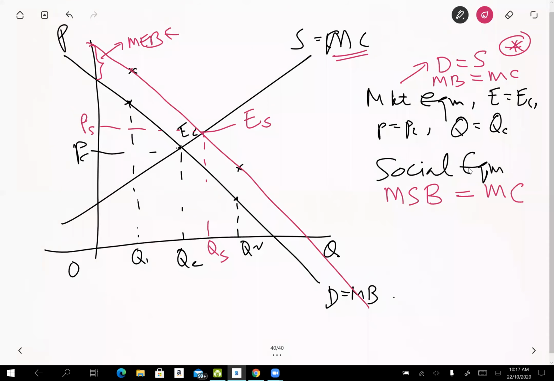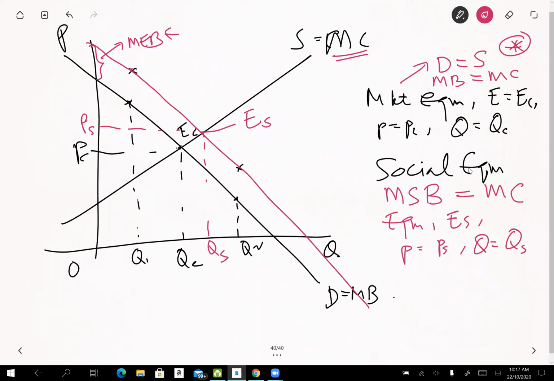All right? So you do the comparative statics. Okay? What happened? Compare the two equilibria. What can you see? So the equilibrium would be ES, P equal to PS, Q equal to QS. Okay.